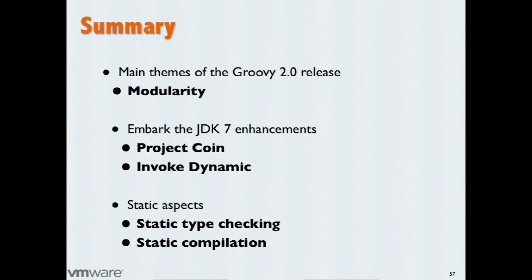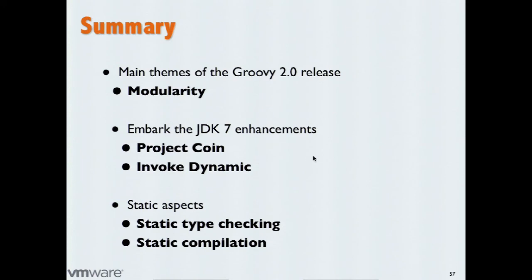So we've come to the end, and I want to have at least 1 minute for questions. The big themes of Groovy 2.0: the modularity, allowing you to also create your own extension modules. The JDK 7 related themes with the syntax enhancements of Project Coin like Multicatch, etc. The support of InvokeDynamic if you're lucky to run on JDK 7 in production, which is not yet the case everywhere.